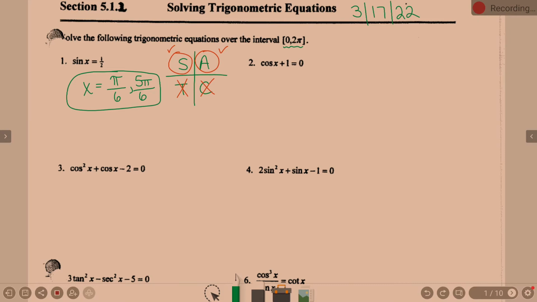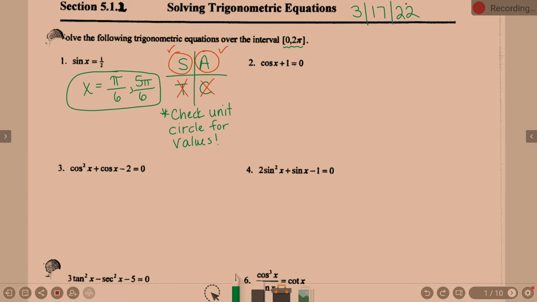One comment I'm going to put here is we want to make sure that we are checking the unit circle for the other values.